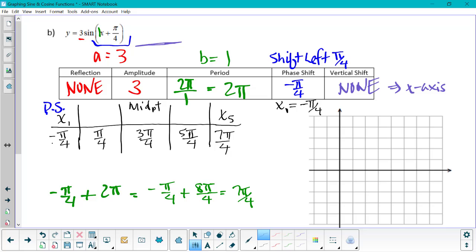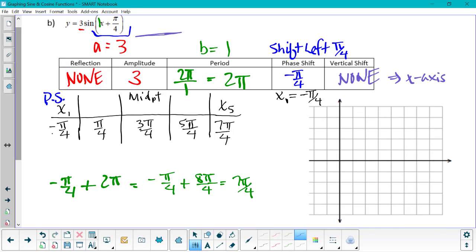If that doesn't work for you, you can always use the quarter period. What's 1/4 of the period? The period is 2 pi. So what's 1/4 of 2 pi? Which is 2 pi over 4 or pi over 2.